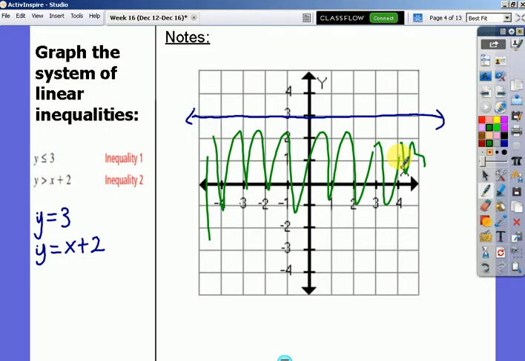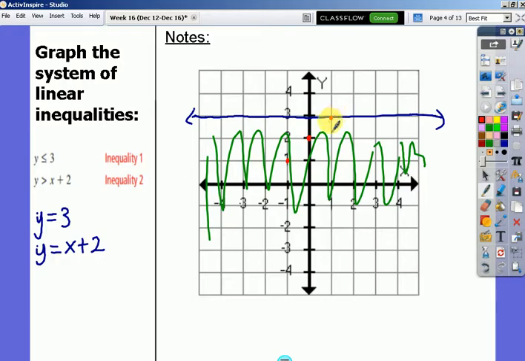Now I'm going to look at the solution to my next one. Is that a solid or a dotted line for the next equation? Dotted, right. Graph that line. I know that I'm going to start with my y-intercept of positive 2 and go up 1, over to the right 1, and down 1, over to the left 1.